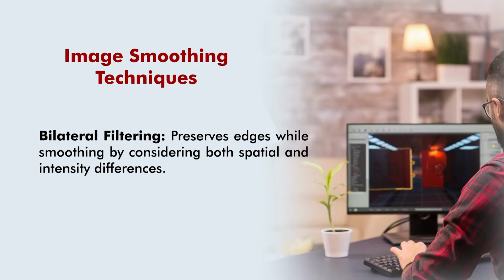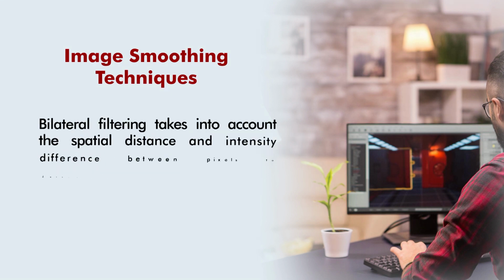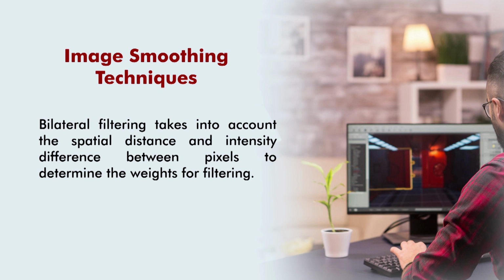Bilateral filtering preserves edges while smoothing by considering both spatial and intensity differences. It takes into account the spatial distance and intensity difference between pixels to determine the weights for filtering. Weights are mandatory for the filtering.